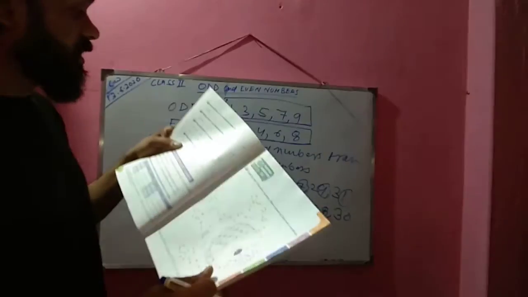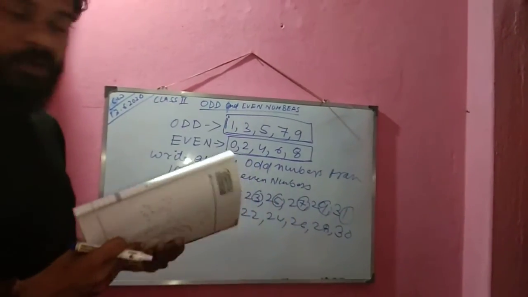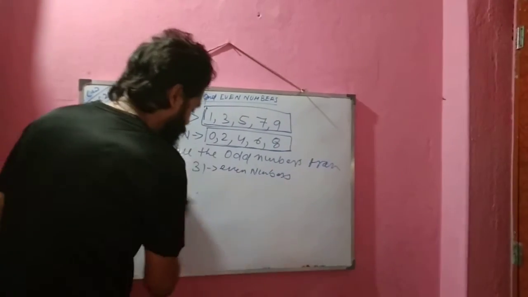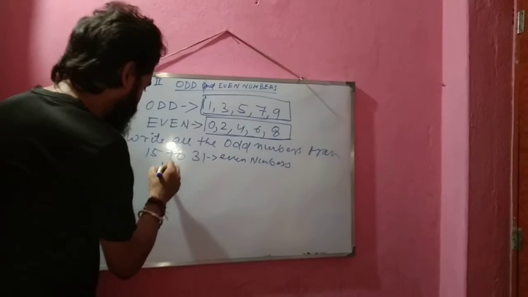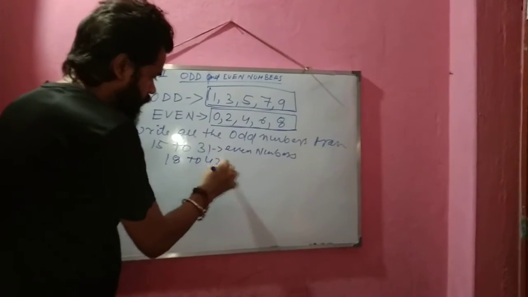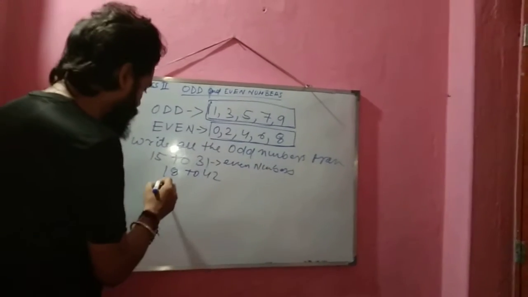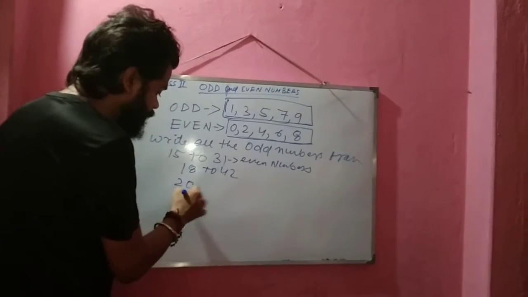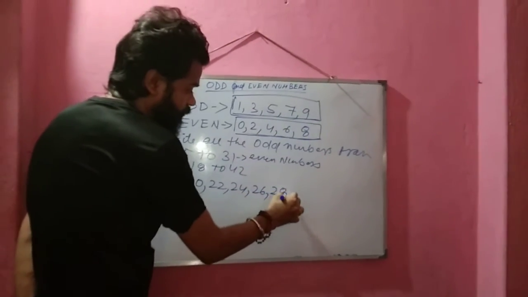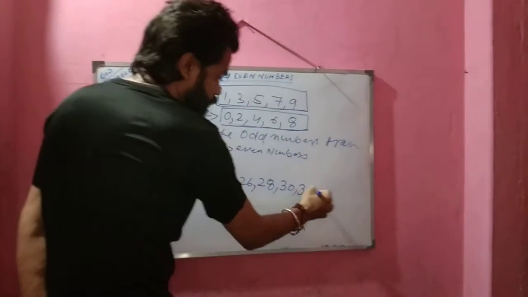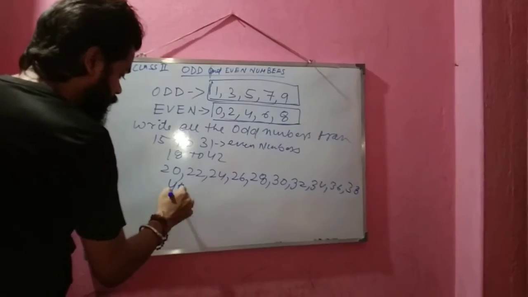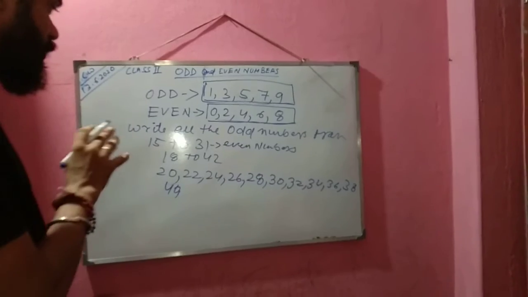Then the next page is: write all the even numbers between 18 and 42. This one I shall do for you. 18 to 42 is given, and it is asking for even numbers. 18 is already there, so the next number would be 20, then 22, 24, 26, 28, 30, 32, 34, 36, 38, then 40. 42 is already given to you.